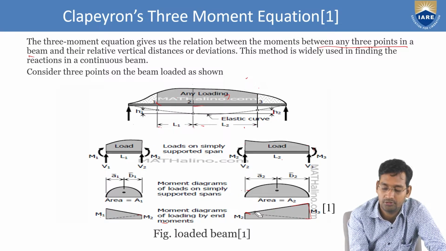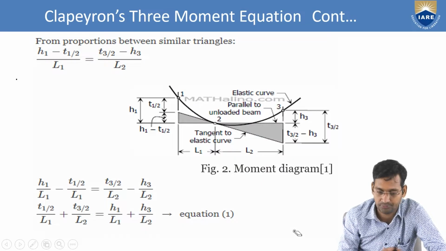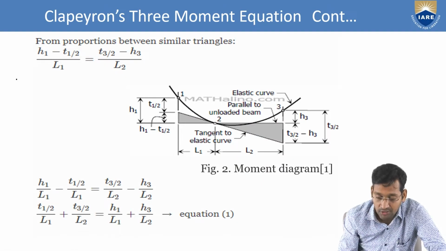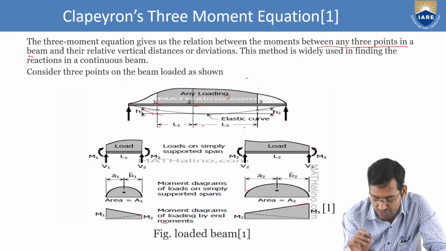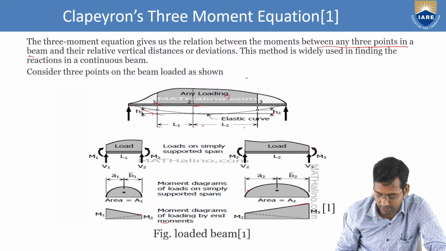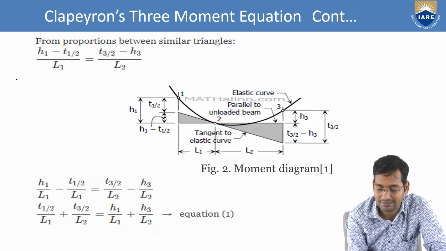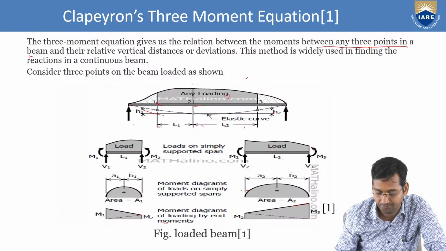Now let's see the next step. Here we are taking this part, this curve, where H1 and H2 are given. Here this is L1 and this is L2. For L2, the moment will be like this, as we have seen here.